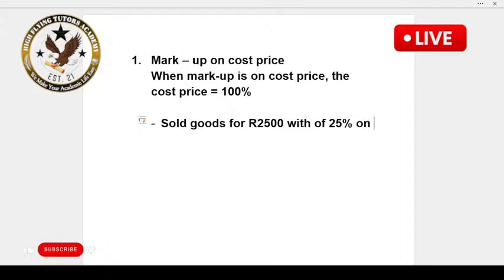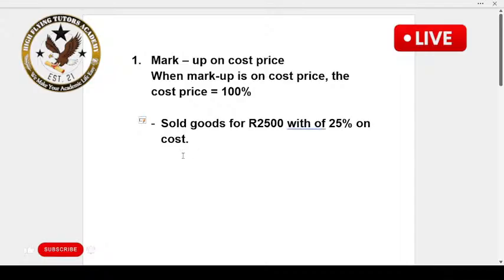So they give you the selling price. The selling price is 2,500, and the markup is 25% on cost.